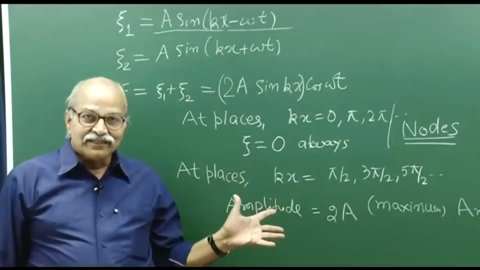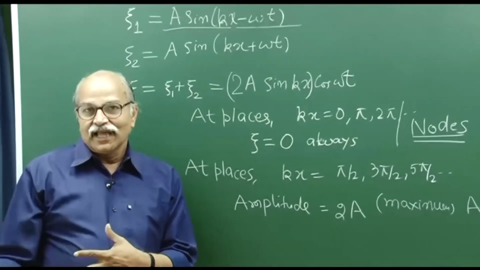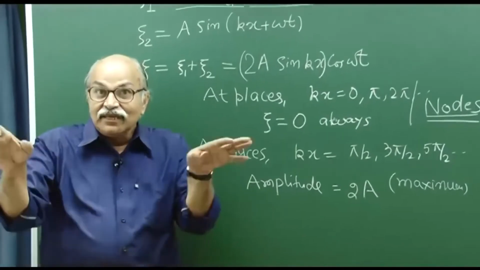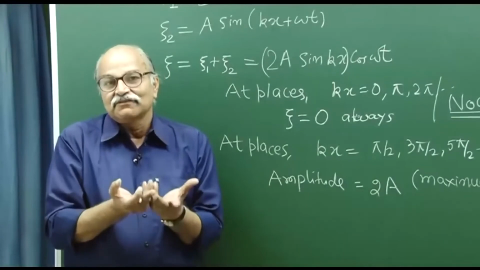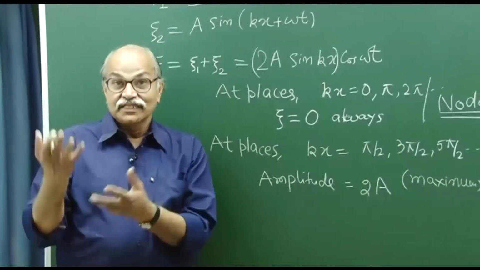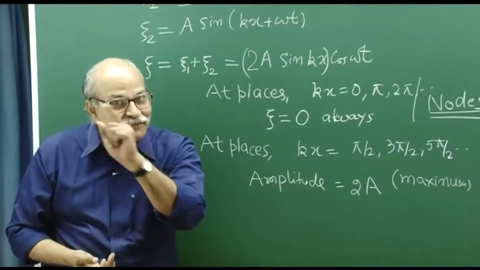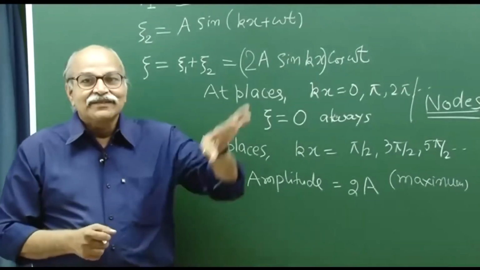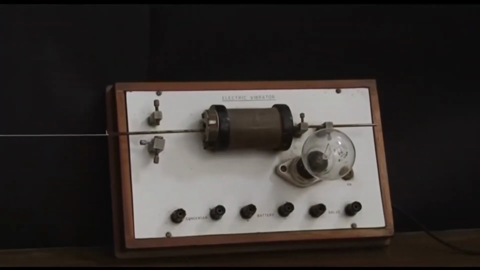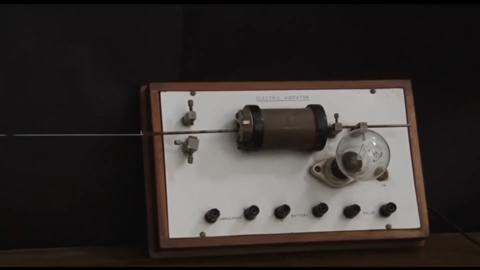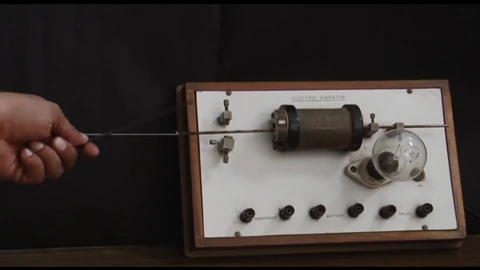That would mean in a medium, if I send a wave and there are boundaries and it reflects, somewhere in that space you do not have any disturbance, and somewhere you have large displacement. So, let us see an experiment on a string where this kind of thing does happen. Here is the apparatus. We have a string here, one end of which is tied to a rod.